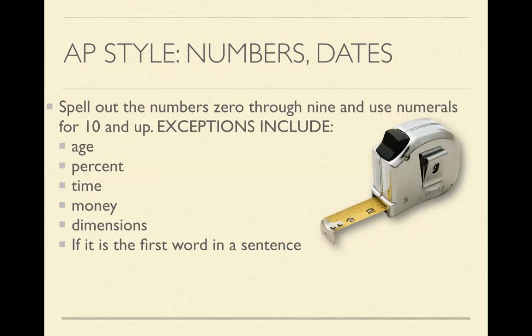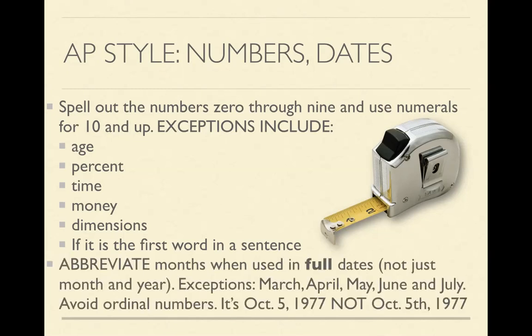Think about that for a few seconds. Okay, if you thought that it's because it just looks weird, then you're right, but also it can be confusing because then people might think there's a list coming. They may not understand why there's a number to start that sentence. So you spell it out, even if you're starting it with, "5 students did blah, blah, blah." If the first word is 5, you have to spell it out. In this case, it's an exception to that rule.